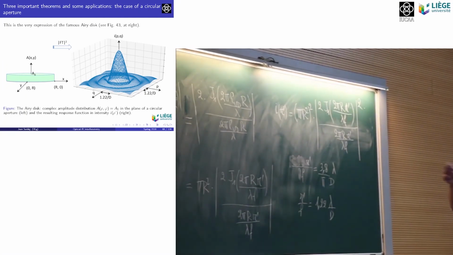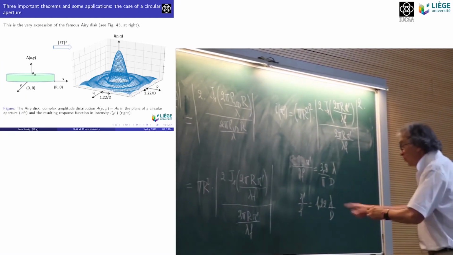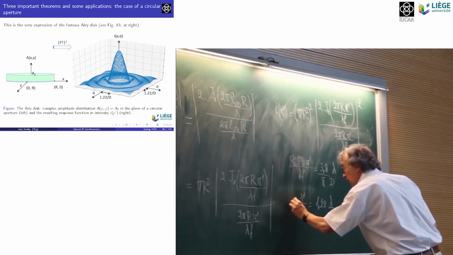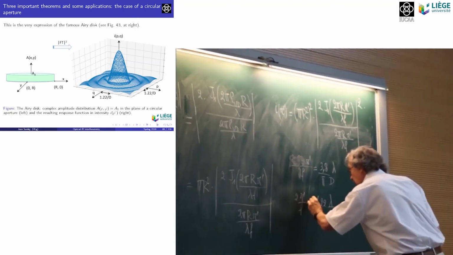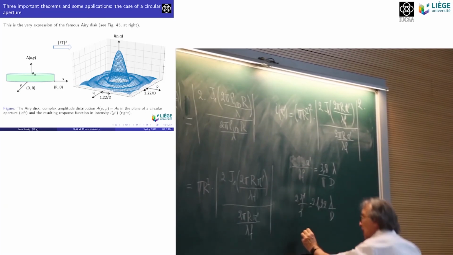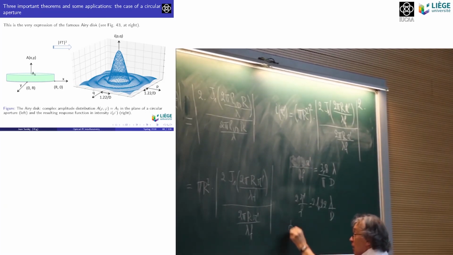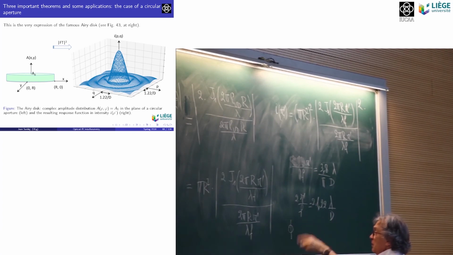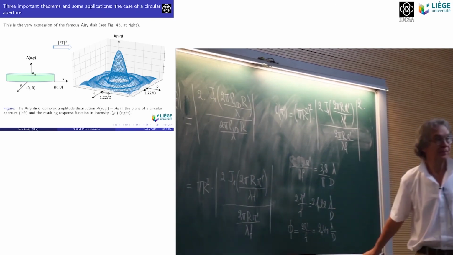Now the distance between the two minima will be twice that value, so I have to multiply this by 2. And I find now that the angular resolution of a circular symmetric disk is equal to 2 times r prime over f, which is equal to 2.44 lambda over d.